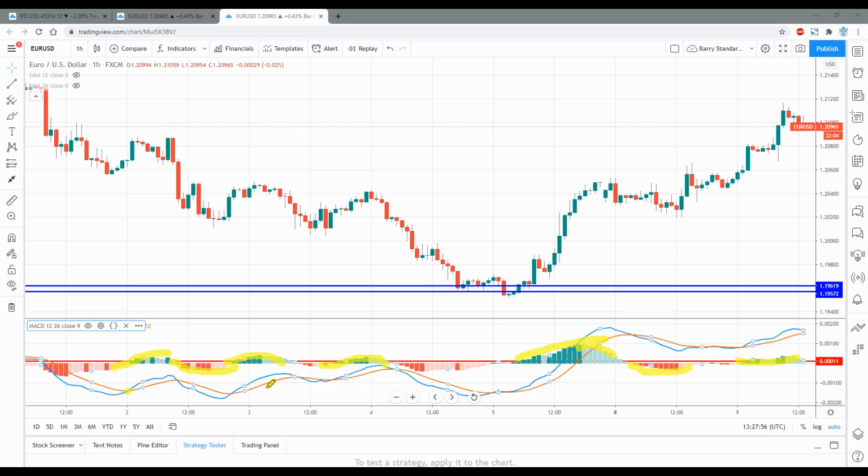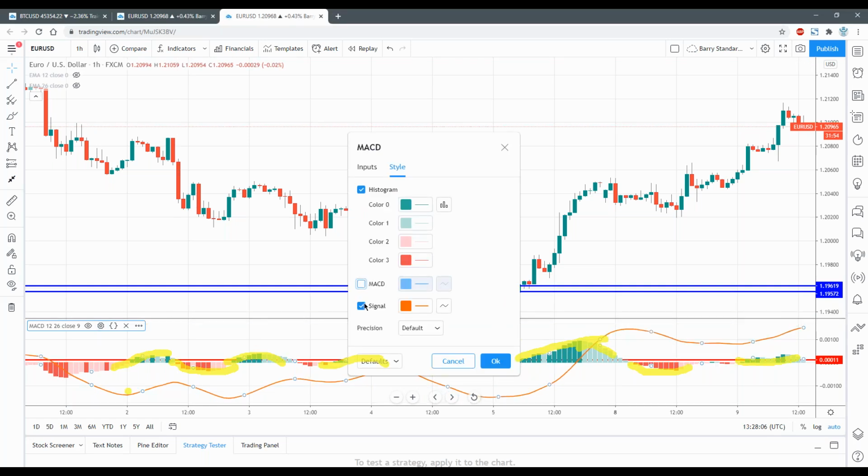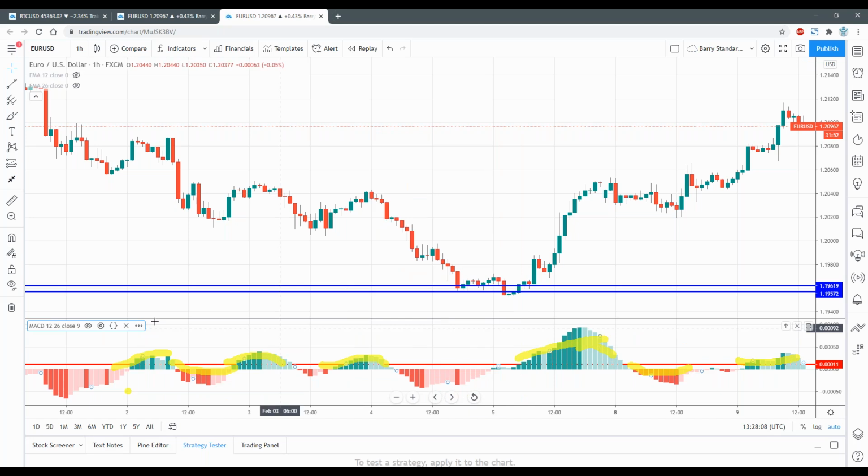So a lot of traders leave the MACD and the signal line on their charts. I get rid of it all because I like my charts clean. So if you were to get rid of the MACD line and the signal line, what you're left with is a beautiful detailed histogram.